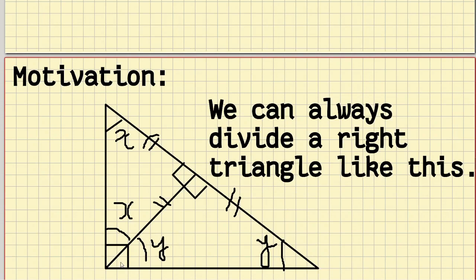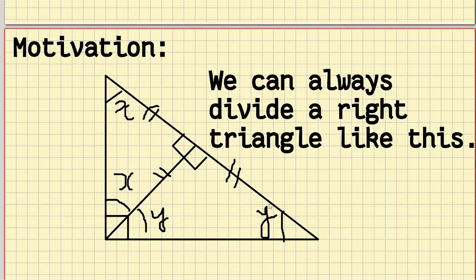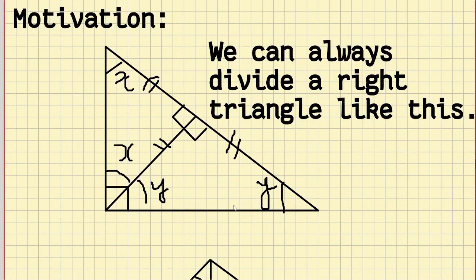We have this one, and if I make a perpendicular, not a bisector but a perpendicular, then I can make it like this. This y angle would be equal and xx would be equal. So I have rightly got two isosceles triangles here.